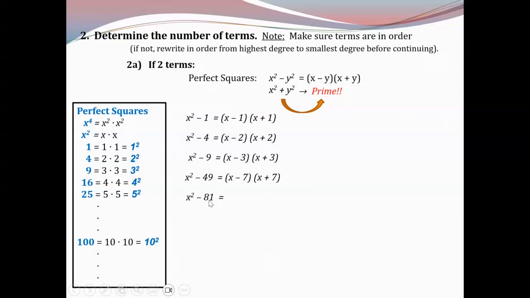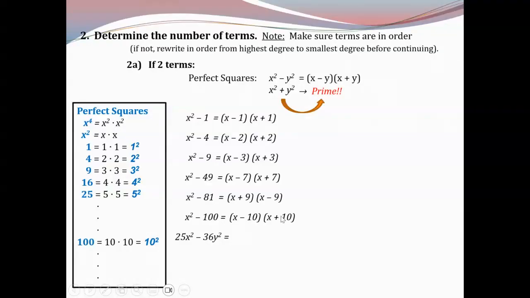X squared minus 81 is going to give us x plus 9, x minus 9. Here, if you notice, I changed the signs, I put the plus first and the minus second. Here, it doesn't matter, guys. As long as you have a positive and a negative with a perfect square of x and a perfect square of 81, which is 9, it's okay to have the signs reversed. It doesn't matter. Now, x squared minus 100 is going to give you x minus 10 and x plus 10.